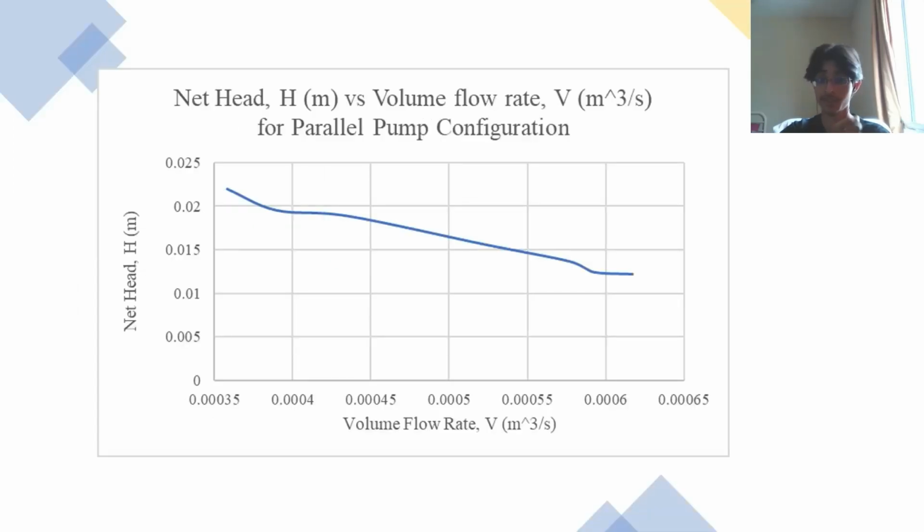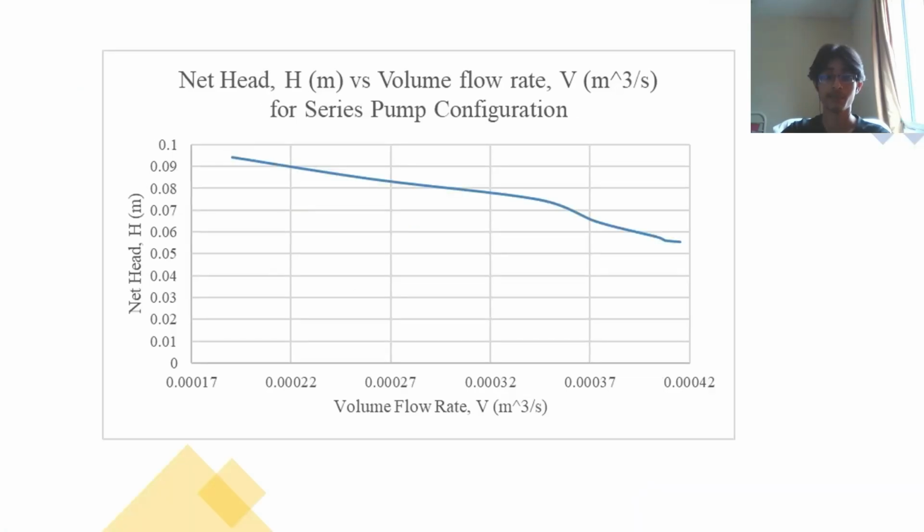Secondly, we will see the data plot for the second data, which is for the parallel pump configuration. As we can see, there is a steady decrease of the net head when the volume flow rate increases. And thirdly, we will see the graph for the series pump configuration.